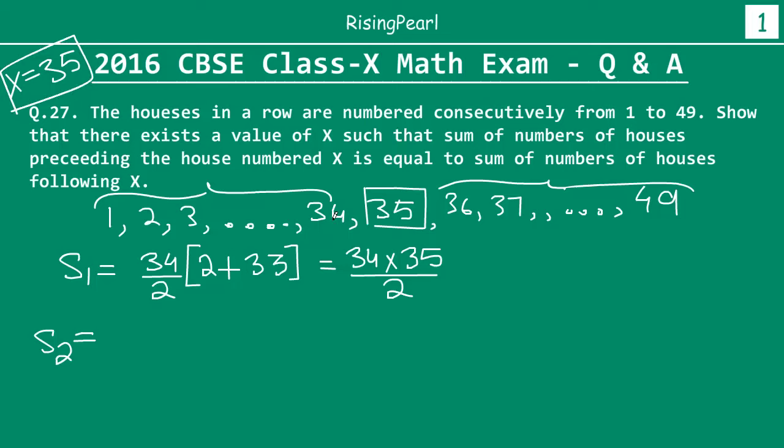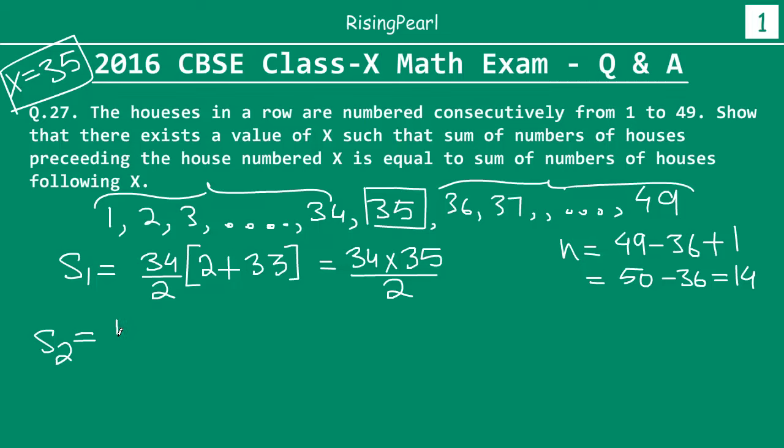So the sum of these numbers will be this. And now how many numbers are over here? The terms. We talked about this earlier: 49 minus 36 plus 1, this many terms. So if we do this, this will be 50 minus 36, which is going to be equal to 14.